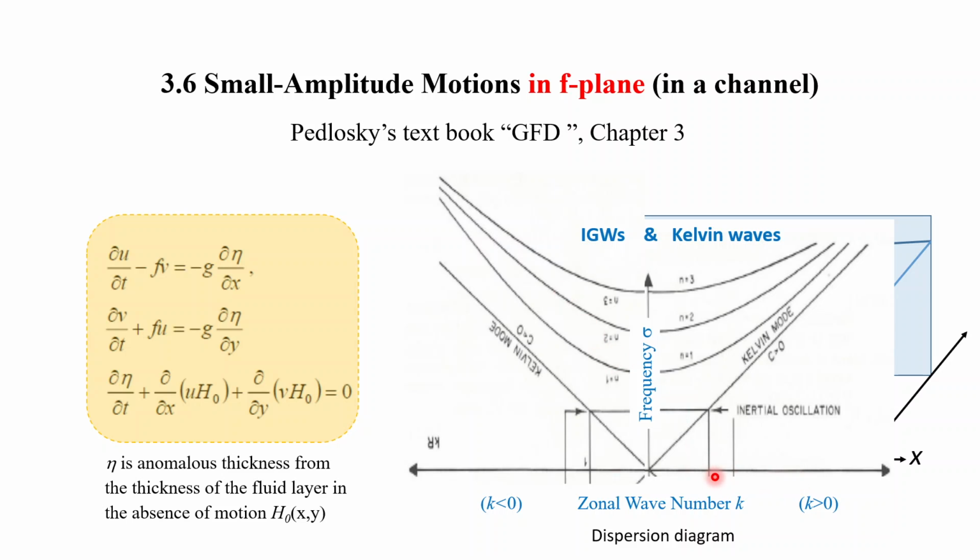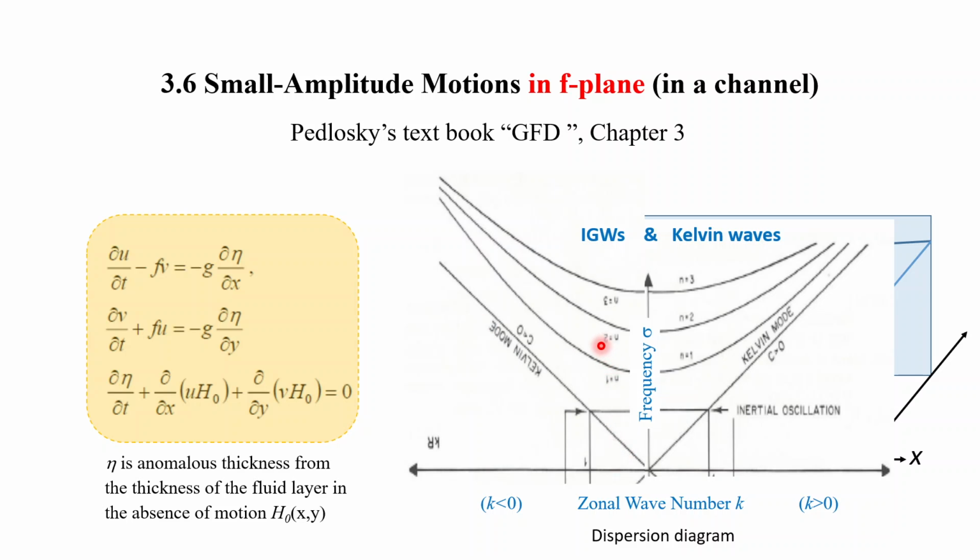Here, the wave number is shown on the horizontal x-axis: for positive x, it is for zonal wave number k larger than 0, and for negative x-axis, it is for zonal wave number less than 0. The y-axis shows the frequency. The set of solutions consists of inertial gravity waves, the eastward moving Kelvin wave at the southern boundary, and the westward moving Kelvin wave at the northern boundary.